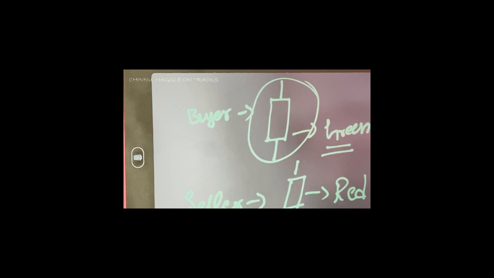There is no mandatory to make this as red, but mostly in the market, in the charts, we can find the sell candle is in the red color. That's why we are just taking these green and red colors.